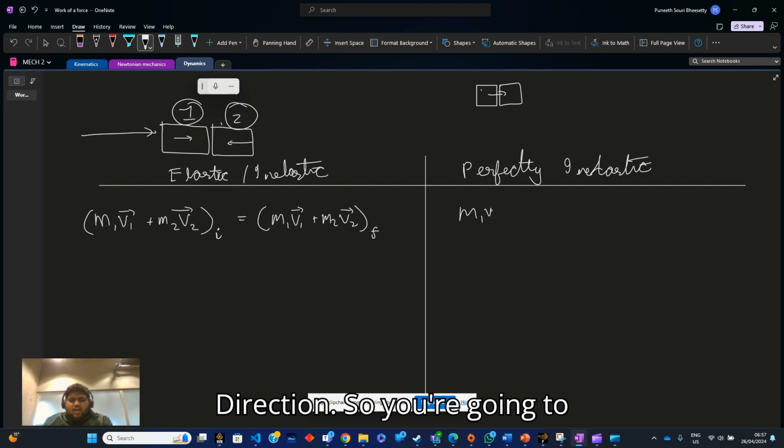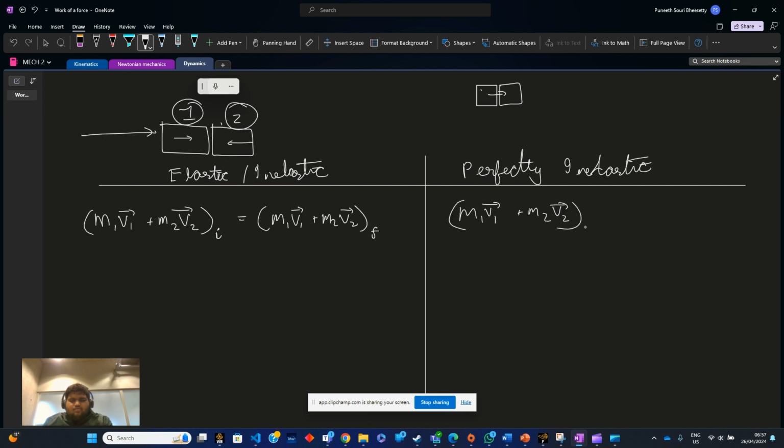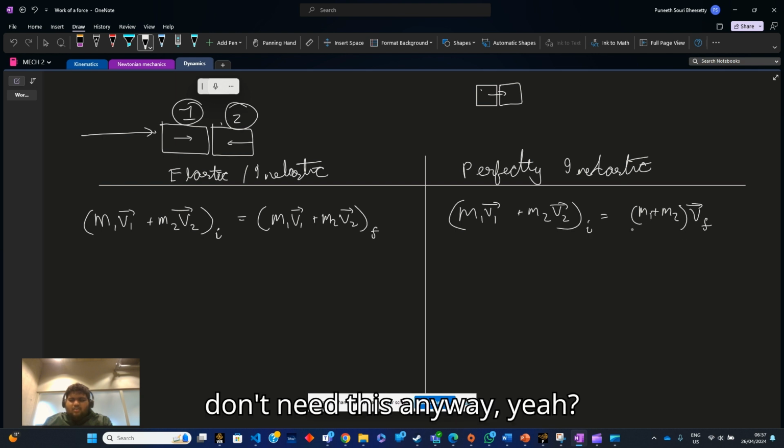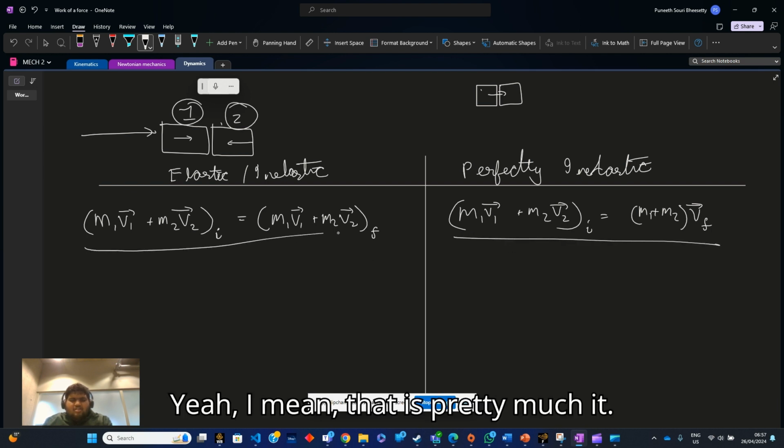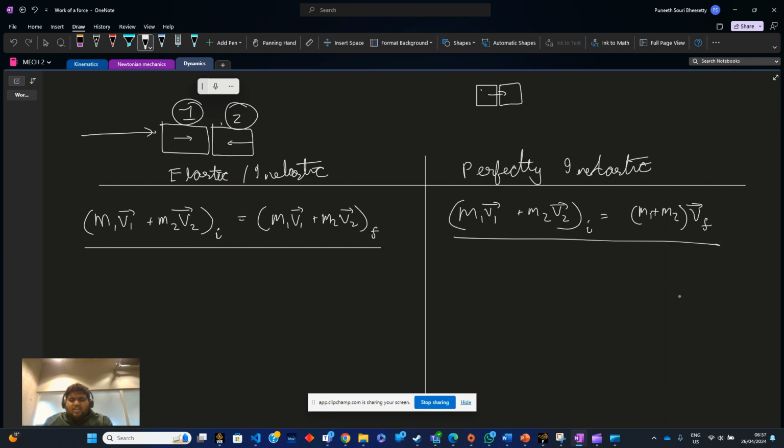So you're going to have m1 v1 plus m2 v2 initial is equal to m1 plus m2 times v final. Yeah, I mean, that is pretty much it.